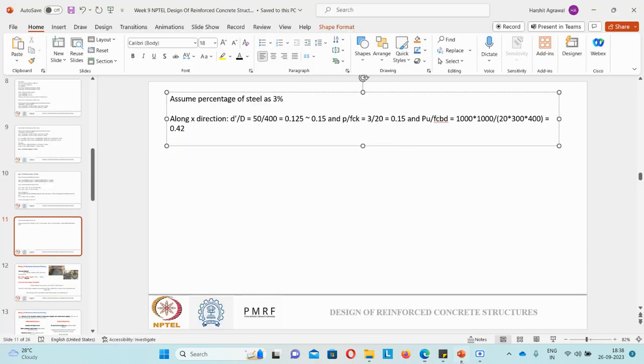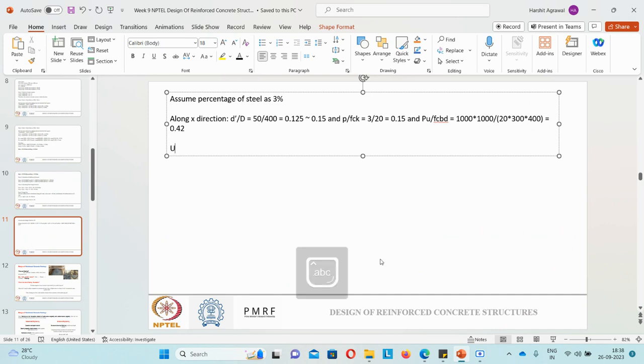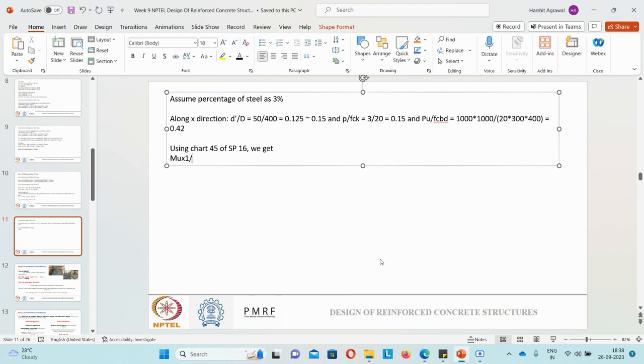I have done the calculation previously also, so I will use that for now. What chart are we using? Using chart 45 of SP16, we get the value of Mu by fck bd square. This we say as Mux1. So Mux1 upon fck bd square will be around 0.16 to 0.17.